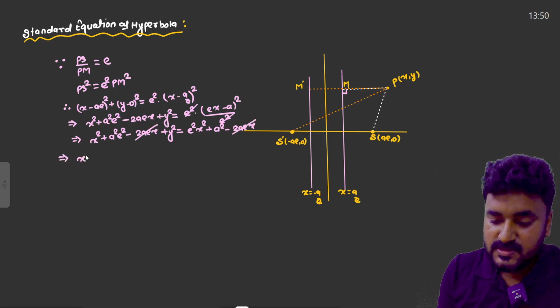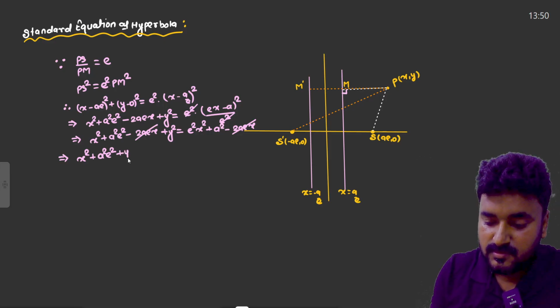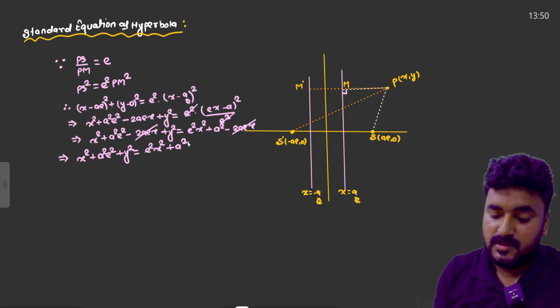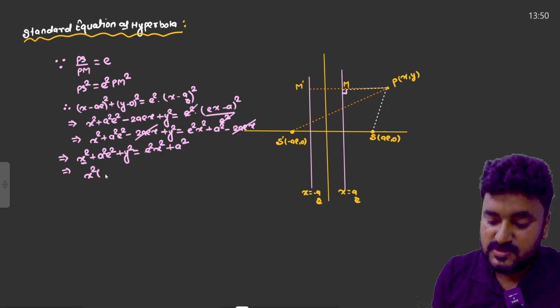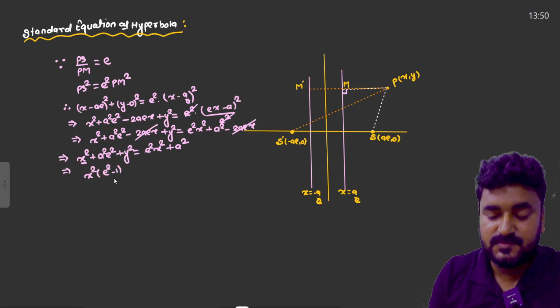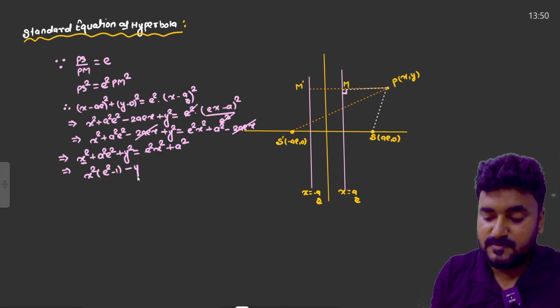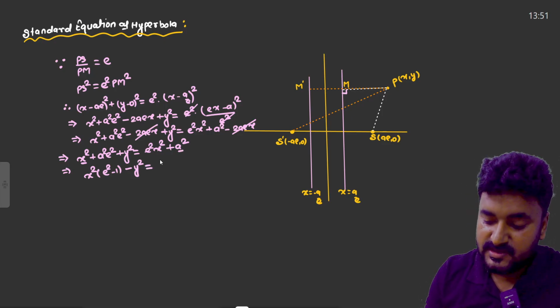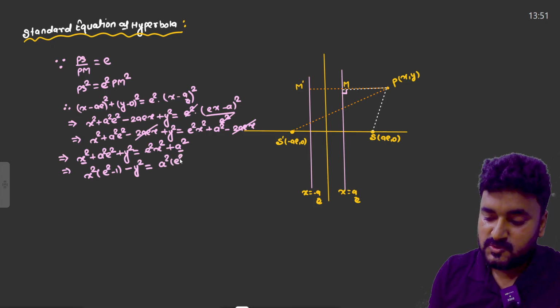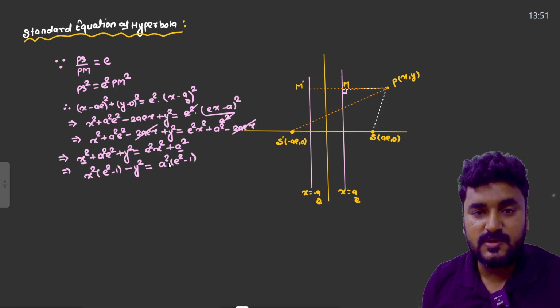So my equation is looking x square plus A square E square plus y square is equal to E square x square plus A square. Okay. So what I can do is send this x square to the right side and take x square common. So this is coming x square (E square minus 1). Again this y square you can send, so this is the minus y square is equal to this A square, you send to the left side and take A square as common. So this is coming A square into (E square minus 1). Okay.